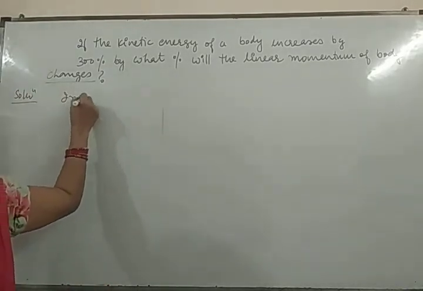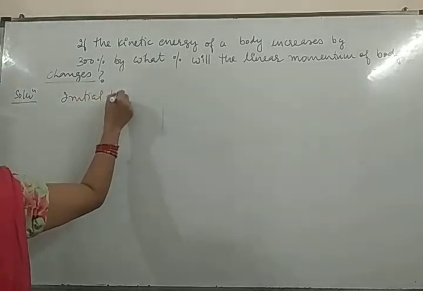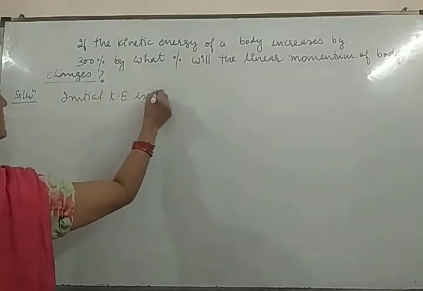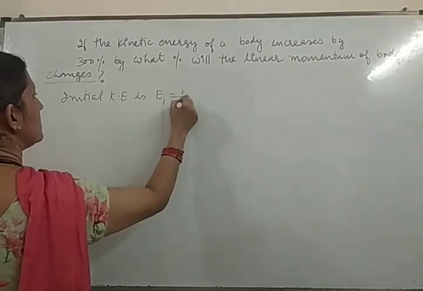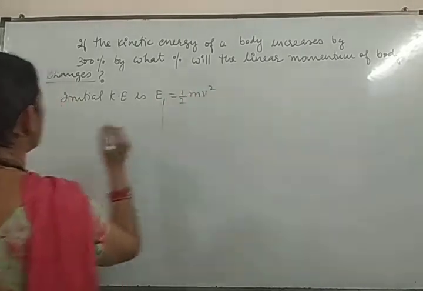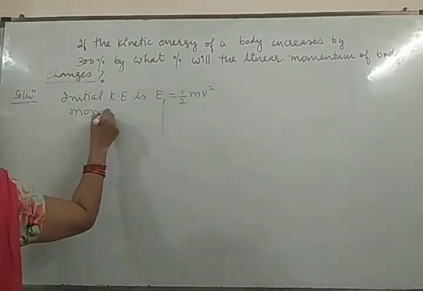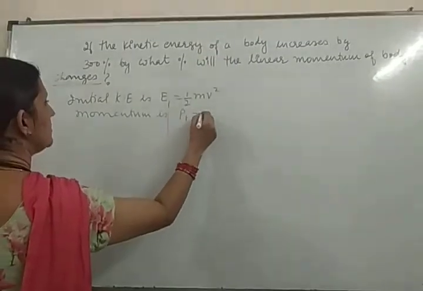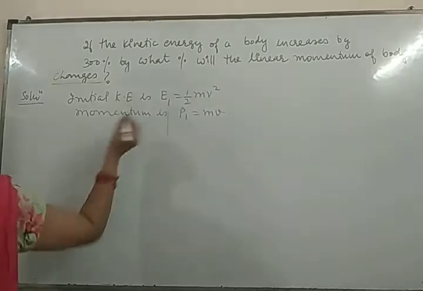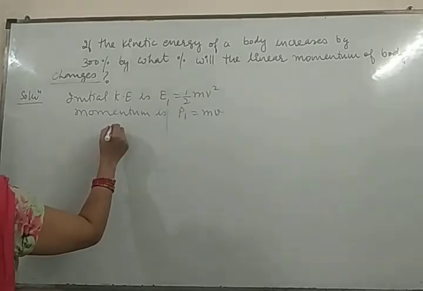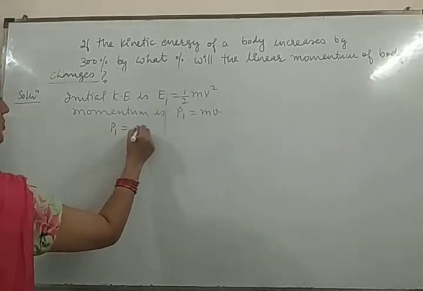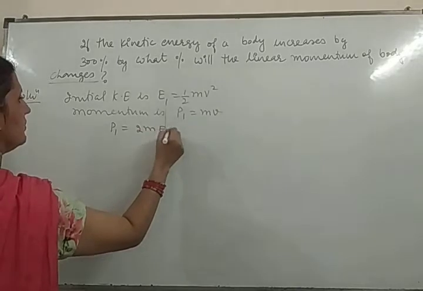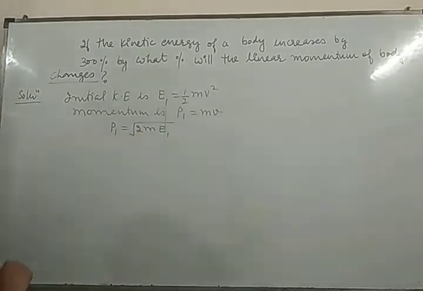The initial kinetic energy is E1, that is half mv square. Momentum is P1, this is equal to mv. If you have the relation between them, P1 is equal to square root of 2mE1.